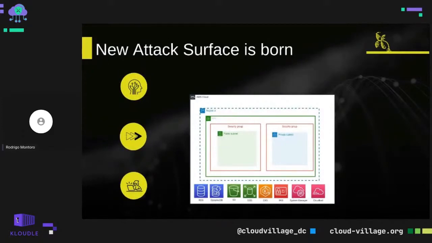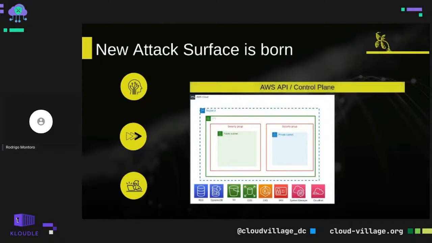And what is this new attack surface? It is really important to monitor. If you are in the cloud, the most important part to monitor is the AWS API, or the control plane. It doesn't matter if you are a DevOps guy doing some automation or the malicious guy, you could do a lot of things from there.